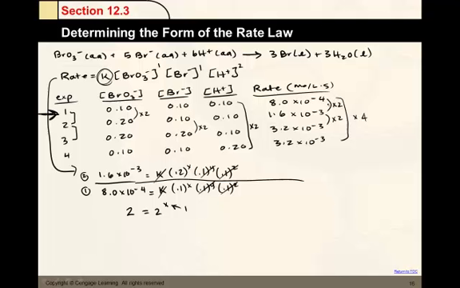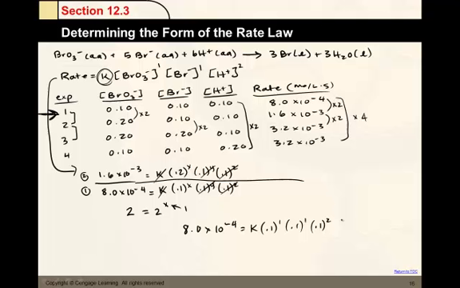So if we're using experiment number 1, we'd use 8 times 10 to the negative 4. We don't know what k is, but we know the BrO3 is 0.1 to the first, Br is 0.1 to the first, and hydrogen is 0.1 to the second. We would solve algebraically and solve for k.